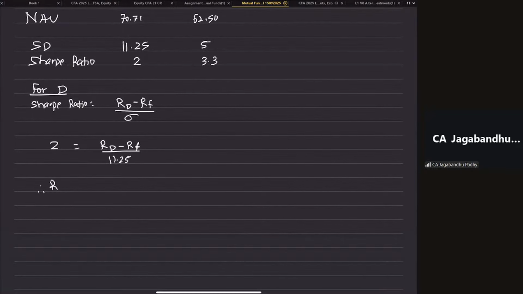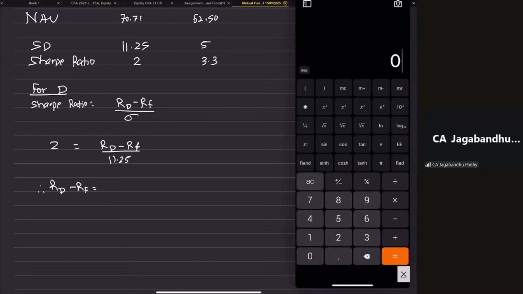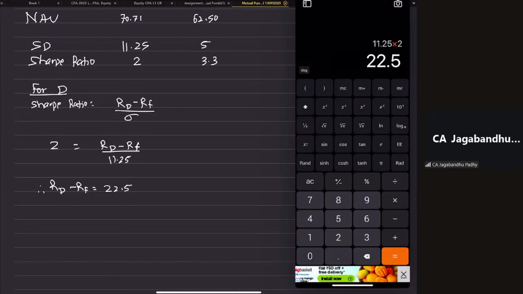So we can get the return of portfolio D minus risk-free equal to what? 11.25 into 2, which is 22.5. So return of D minus risk-free should be equal to 22.5.